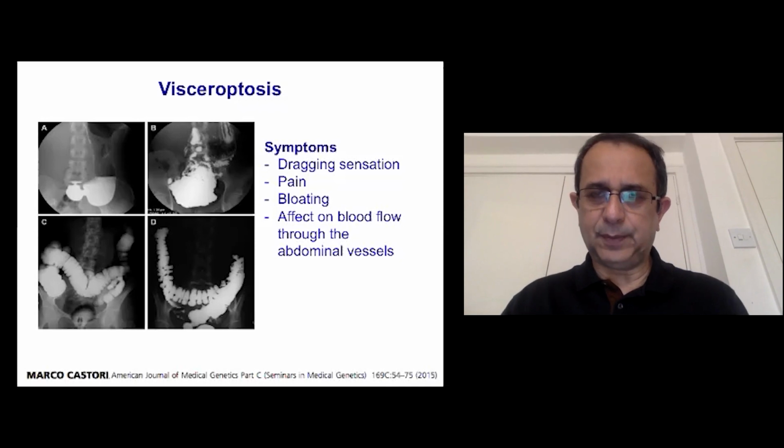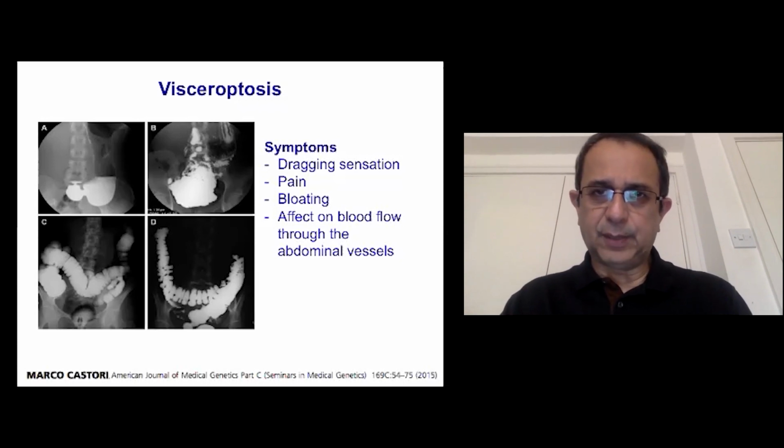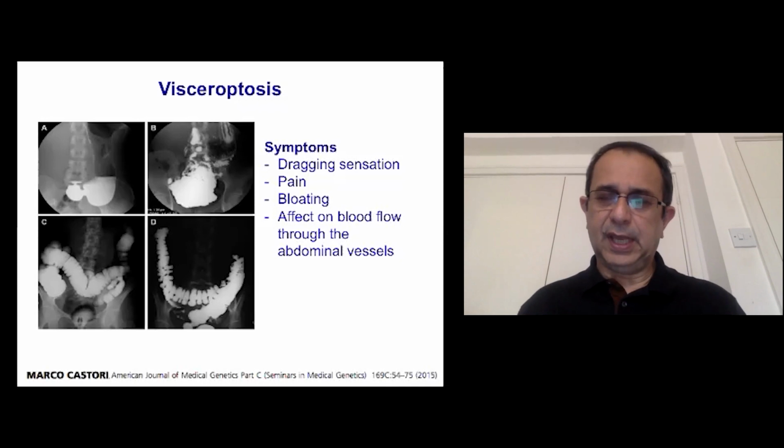So as some people stand up with significant visceroptosis, there is a pressure on the mesentery which carries the blood vessels, and that can lead to a reduction in blood flow in some of the bigger blood vessels of the tummy cavities, such as the superior mesenteric artery, which is one of the common arteries that supplies blood to the upper part of the gut, and there is some suggestion that blood flow there can be decreased, and that can also produce pain and discomfort.